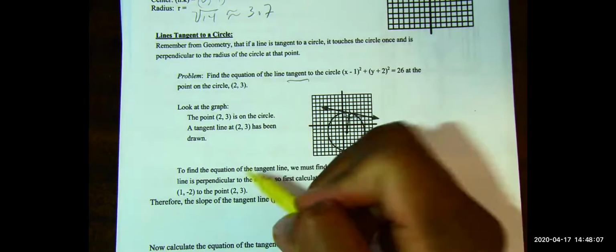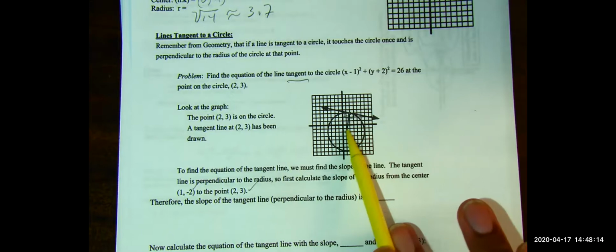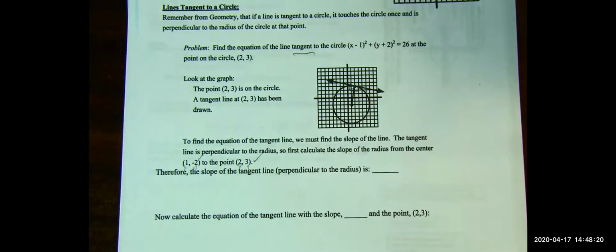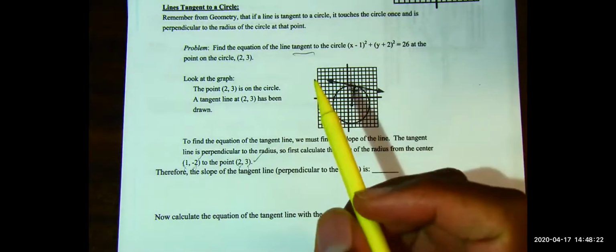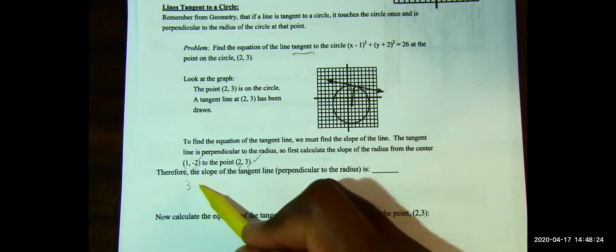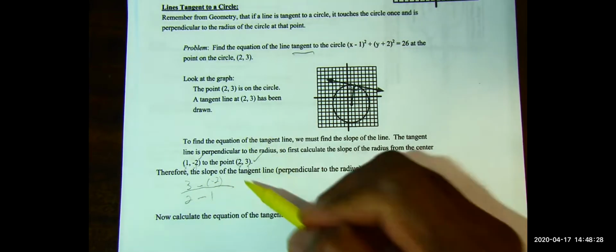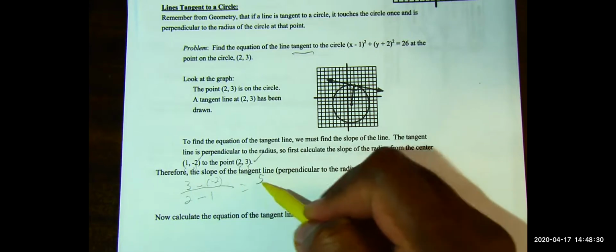So going through all of this, I'm just going to work through this problem, try to solve it on your own. Based off of these coordinates we're given, I'm going to calculate the slope. And this is based off of the slope of the radius line. Let me label this x, y, just to keep track of where my y's are. Remember the formula for slope? 3 minus -2 divided by 2 minus 1 equals 5 over 1.